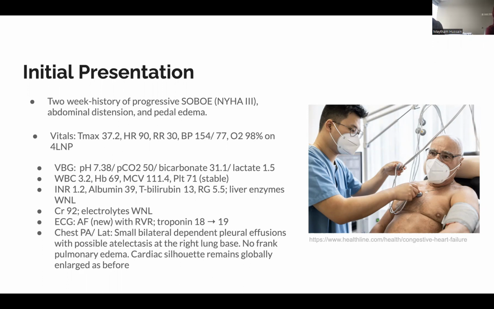He did, reassuringly, have a fairly stable troponin. His chest x-ray showed small bilateral dependent pleural effusions with possible atelectasis at the right lung base, but no frank pulmonary edema. And he was also noted to have an enlarged cardiac silhouette, which was appreciated on previous x-rays.